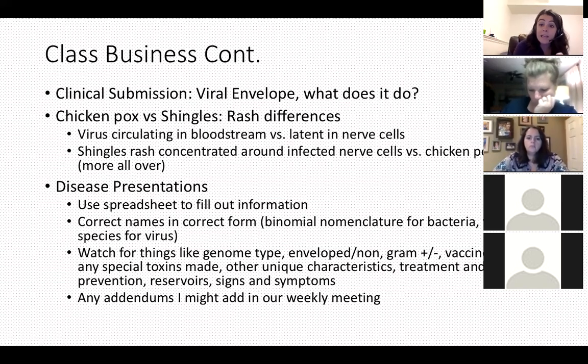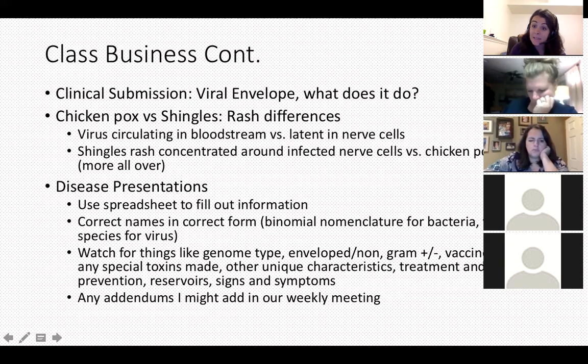Watch for things like, for viruses, what type of genome it has, if it's DNA or double-stranded RNA or single-stranded RNA. If it's single-stranded RNA, is it positive sense or negative sense? Is it enveloped or non-enveloped? If it's a bacterium, is it gram-positive? Is it gram-negative? Does it have a unique shape or any special defining characteristics or features?